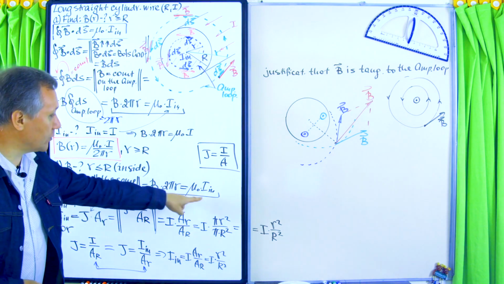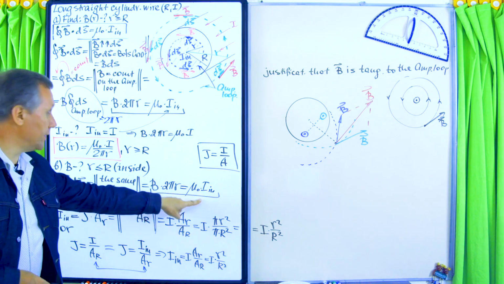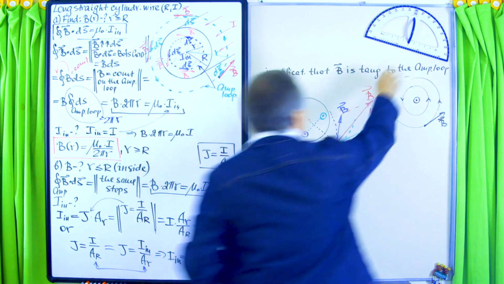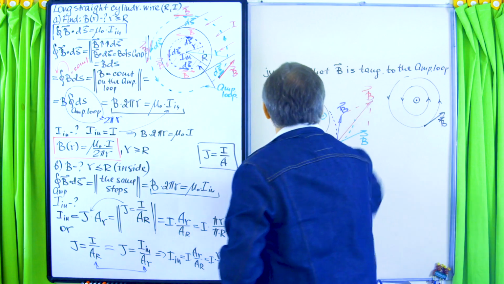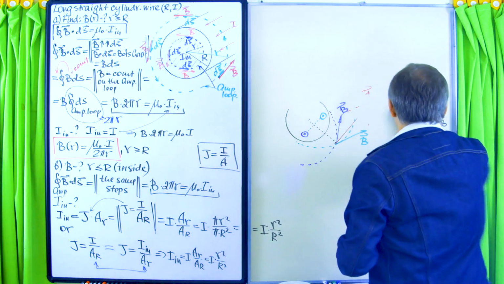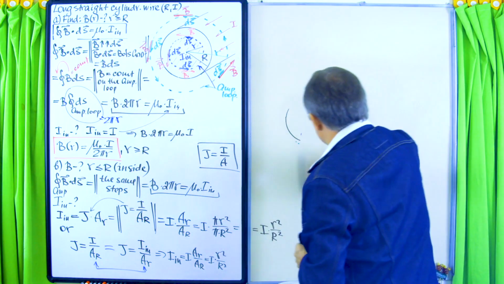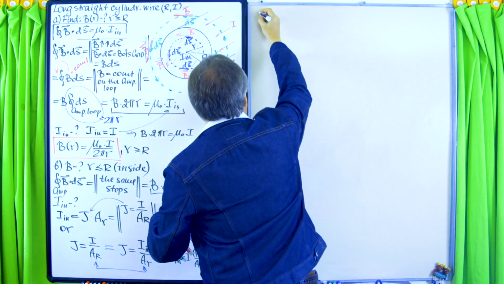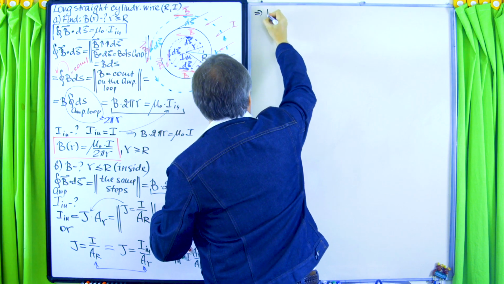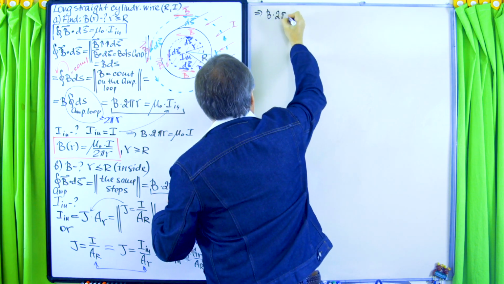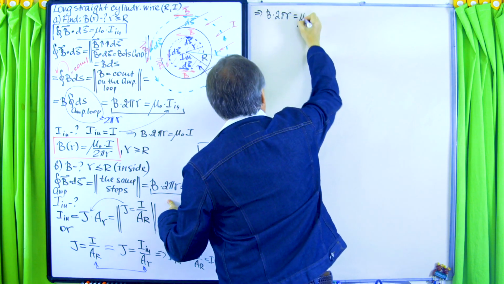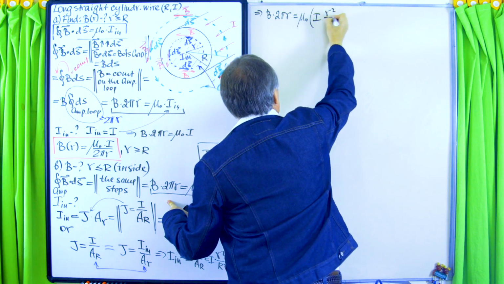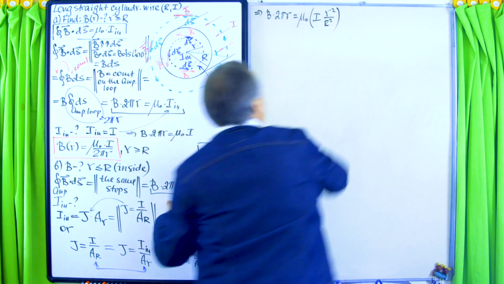So now that's what we need to use over here. Let me rewrite this. Justification is no longer needed, I can erase this. So now I can continue: B times 2 pi r equals mu naught, and now instead of I enclosed, I write I times the ratio of these squares.